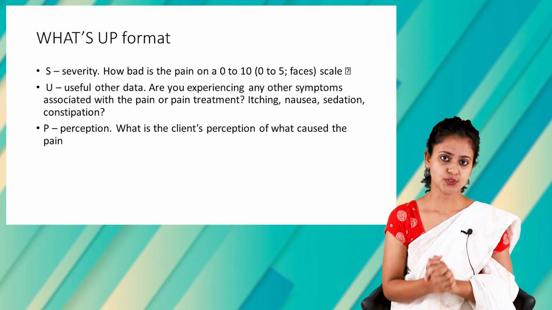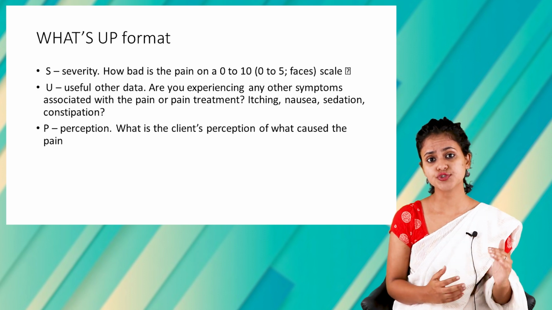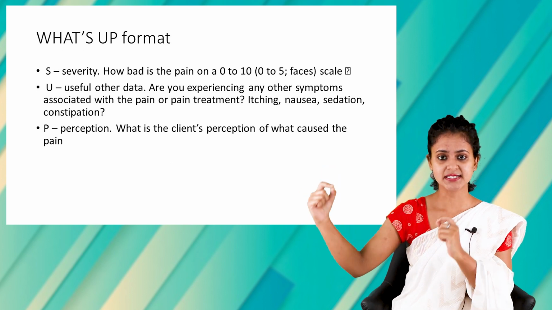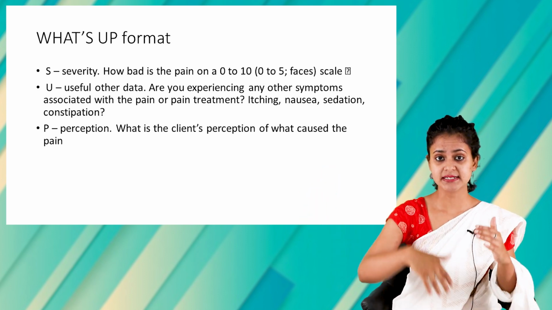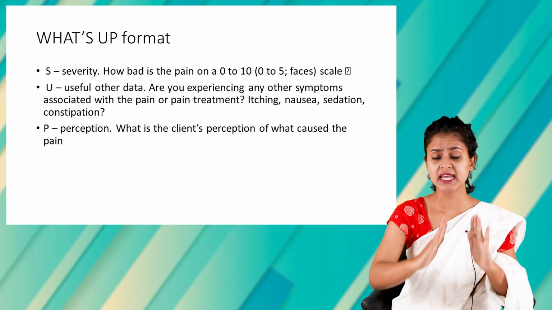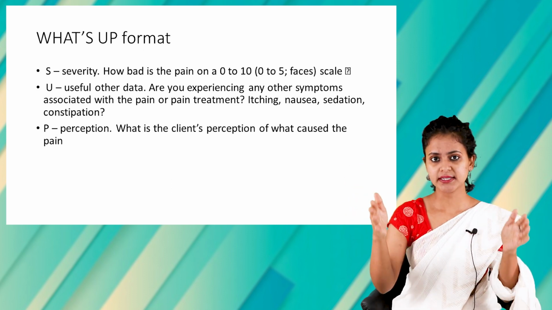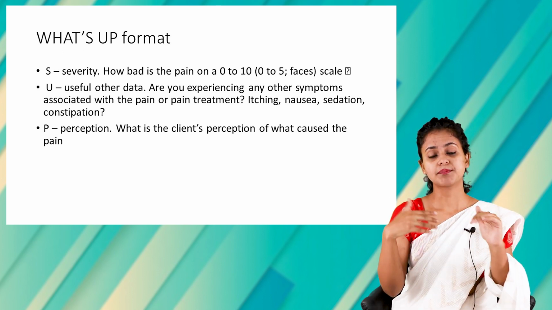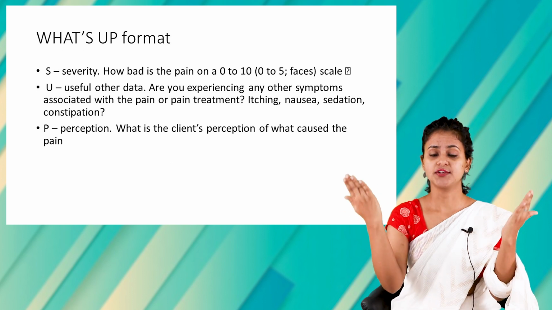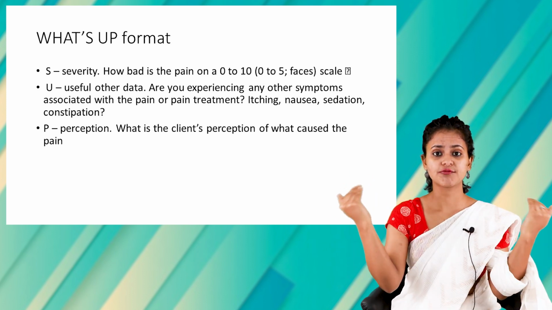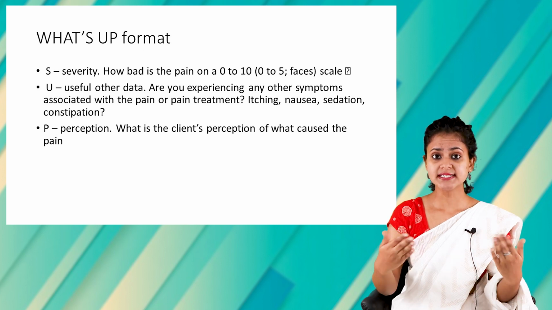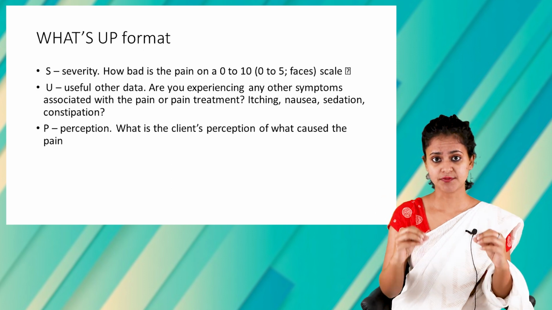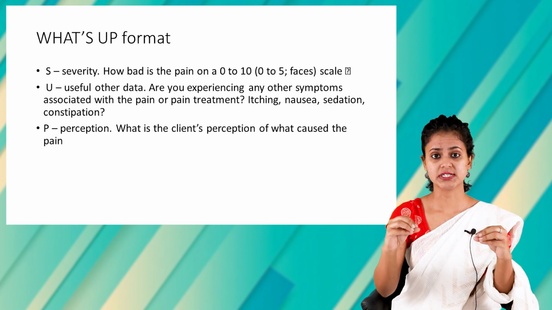So next is U. U stands for useful data. Once we are done with the exact data of the pain for a client, next we're going to ask about any associated symptoms, whether present along with the pain or not. For example, whether the person is suffering from any nausea, vomiting, itching or fatigue, etc. These associated symptoms are very helpful to identify the exact causes of the development of pain.